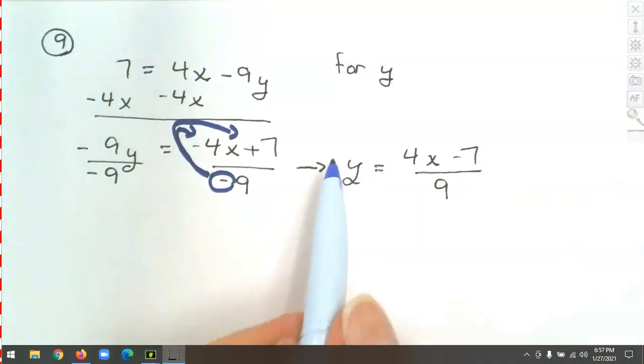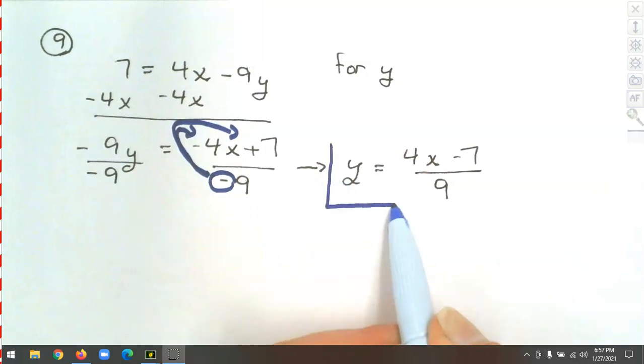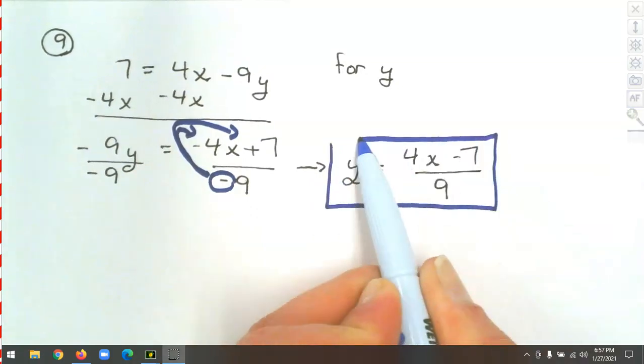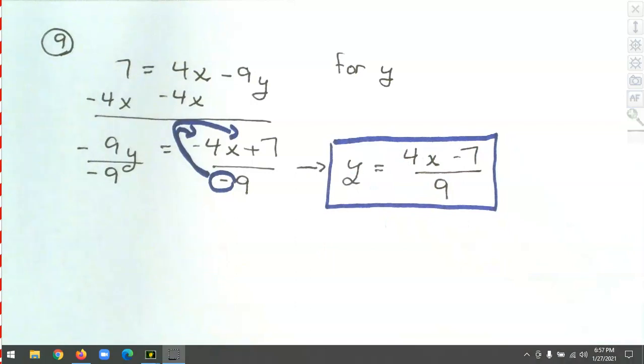And that should be the same answer that you get for question 10. You might just have it in a different order on 10, but it's going to be the same. And we always bring that negative from the bottom up to the top. And you can split this into 2 separate pieces if you would like, but right now we'll just leave it in one fraction.